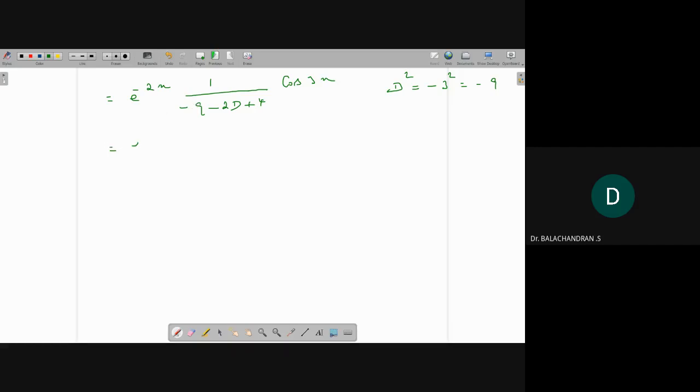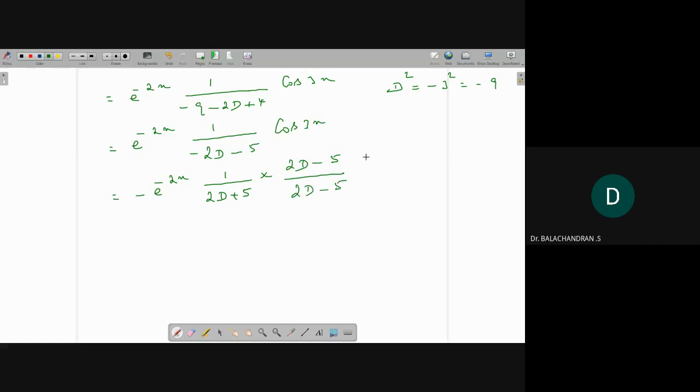So which is equal to -e^(-2x), the numerator you have 2D - 5, the denominator (a + b)(a - b), 4D^2 - 25, into cos 3x.